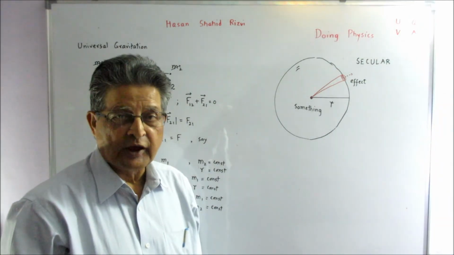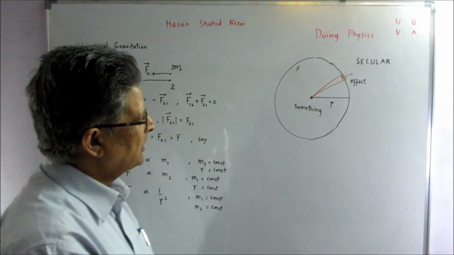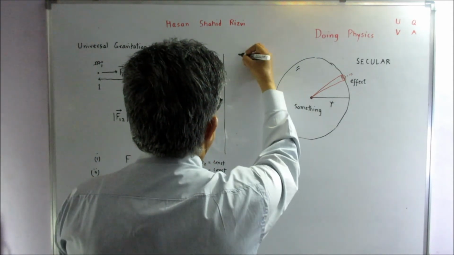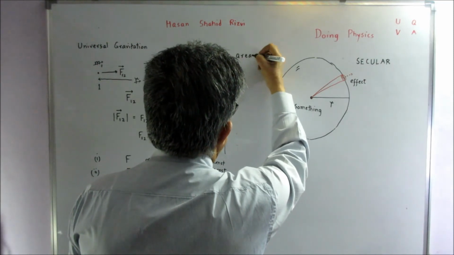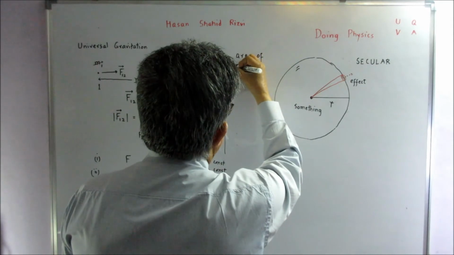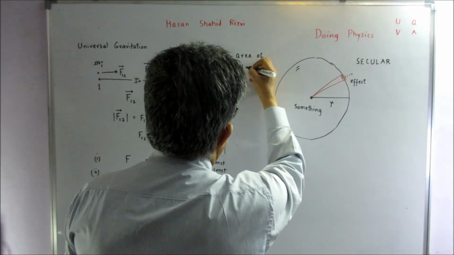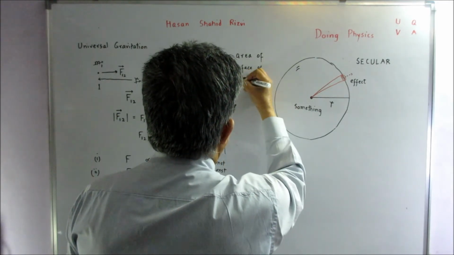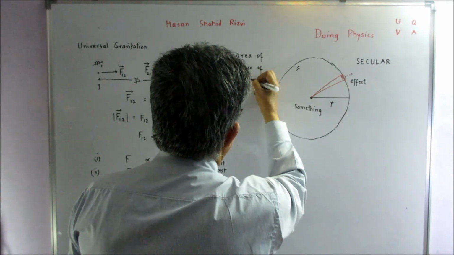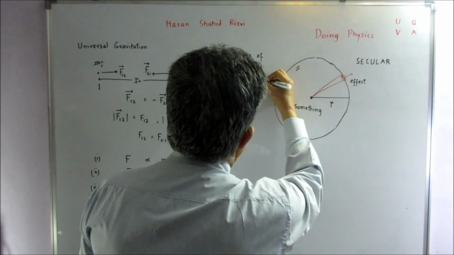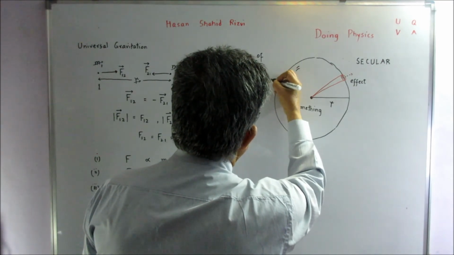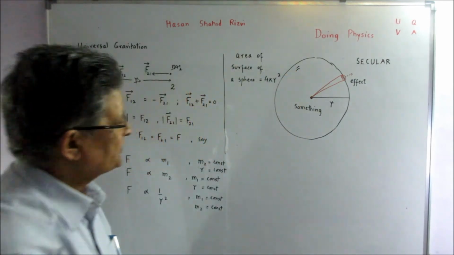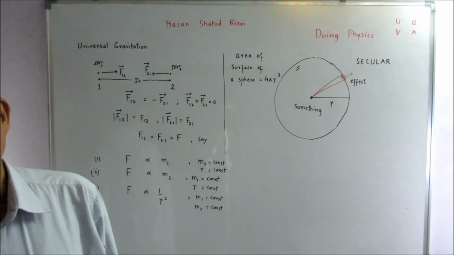The area of the sphere, as you've been told, the area of the surface of a sphere is equal to 4 pi r square, which means that the surface area is proportional to r square.